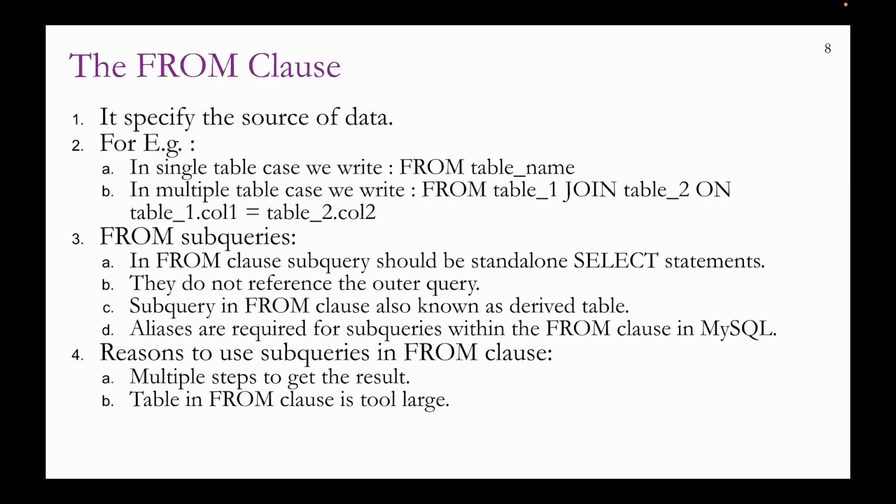And in some cases, the table in the from clause is very large, but we want a particular section of the table. Then what we do is write a standalone select statement in the from clause which will give us a particular chunk of that table on which we will write a query.